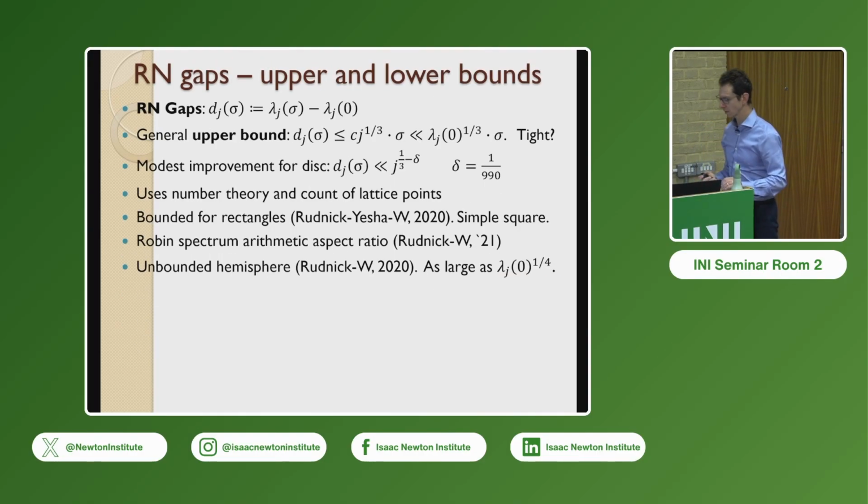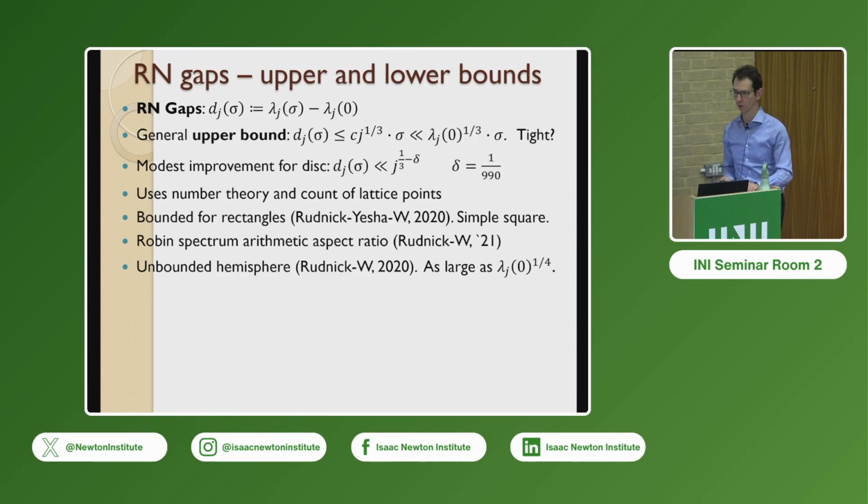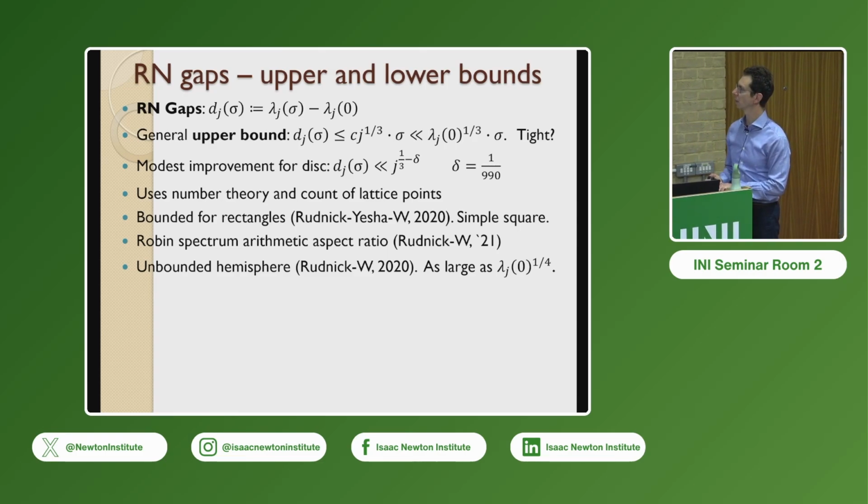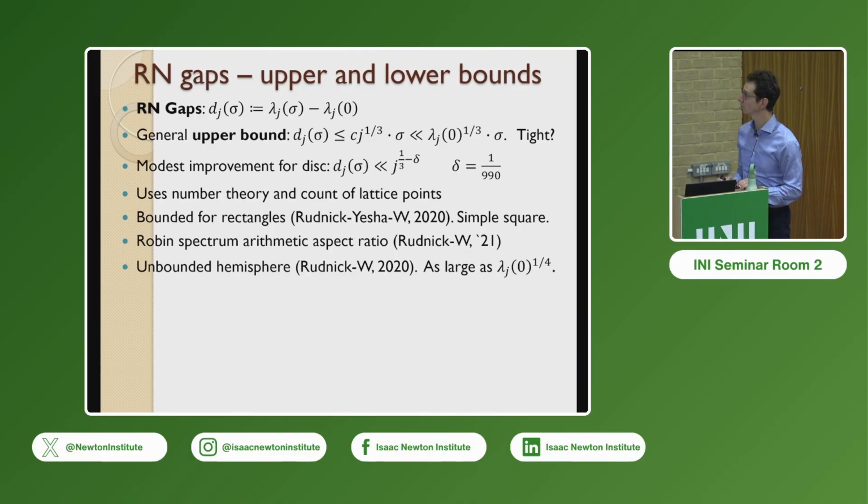Now, other than the convergence, we also discussed upper and lower bounds. What can we prove about the upper and lower bounds? We have the following general upper bound that is valid for more or less all smooth domains, smooth billiards: d_j of sigma is smaller or equal to j to the power 1/3 times some constant.